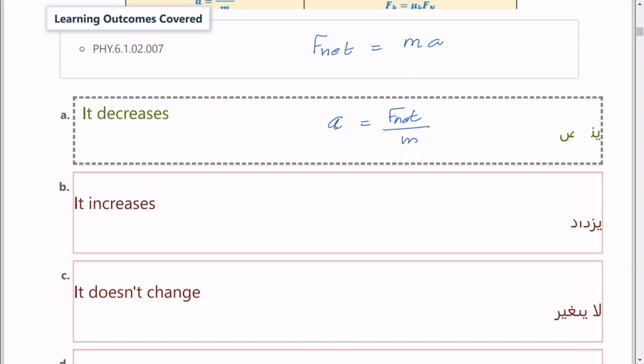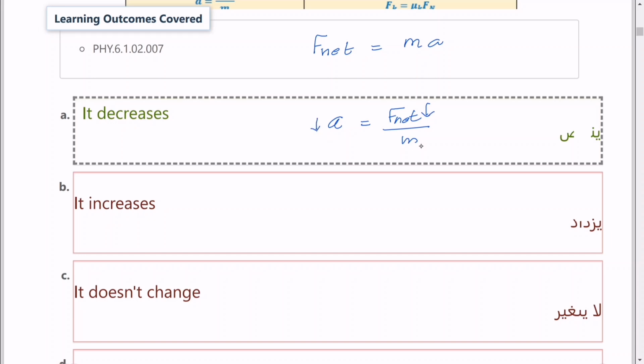So what happens to acceleration when the net force acting on an object decreases? When net force decreases, the acceleration will decrease, right? You can see here, whatever quantity is in the numerator decreases, here the net force is in the numerator. When this net force decreases, acceleration will decrease.